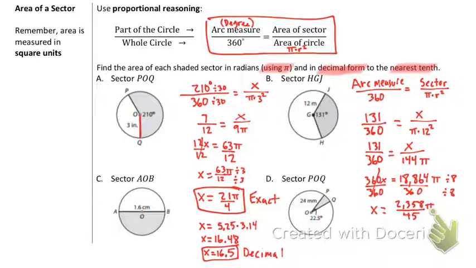We also, as I look at this, can reduce again. I know the top can be reduced by 9, and so can the bottom. It can be reduced by 9. So if we do that, that gives me x equals 262 pi, and 45 reduced by 9 is 5.